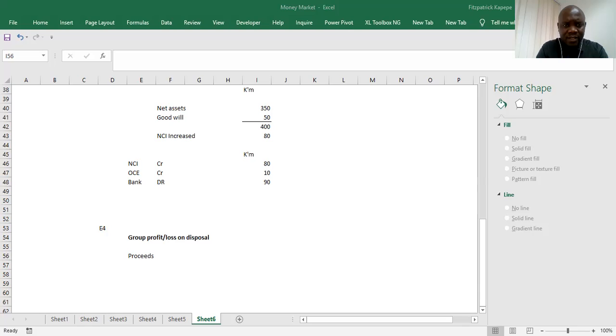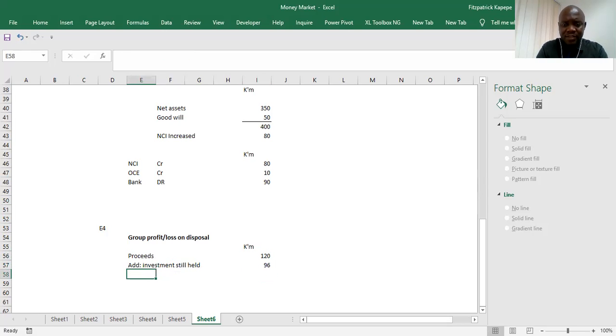It was 120. So 120 million. So add the investments held. I think the investments held was 96. Let me just check on the question. 96.